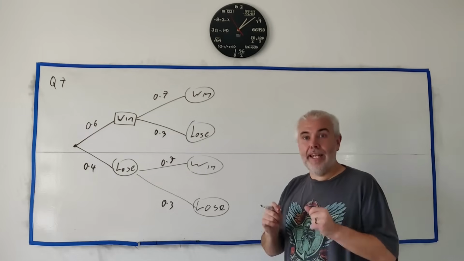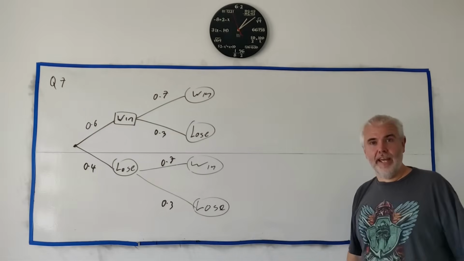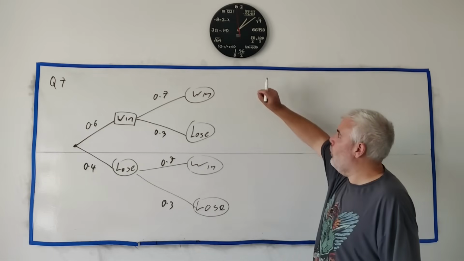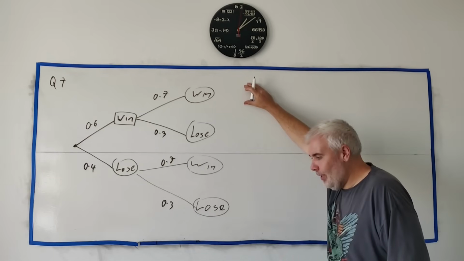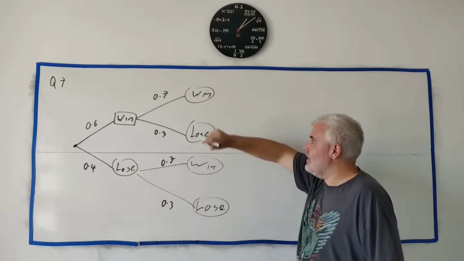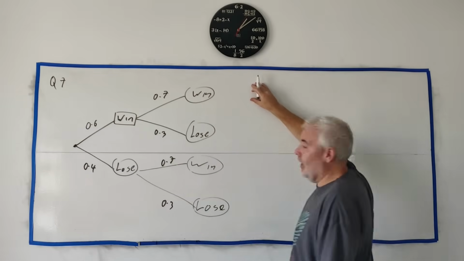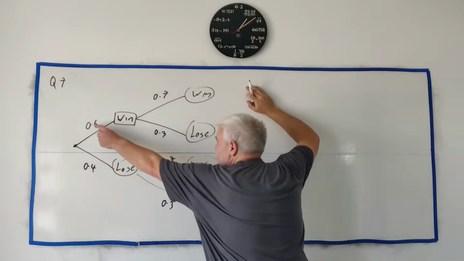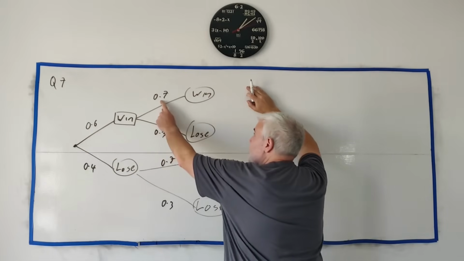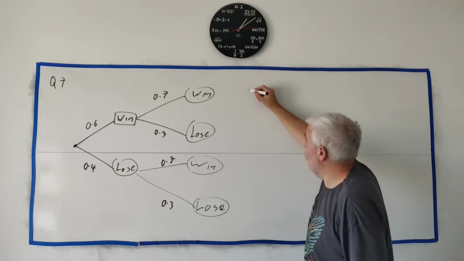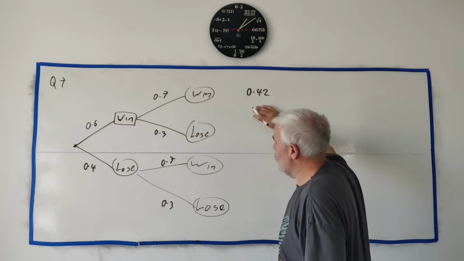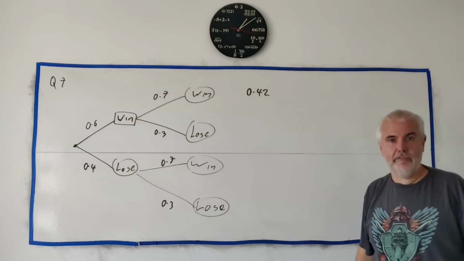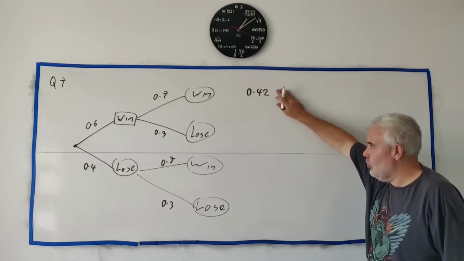Okay, the next thing to do is to put these numbers together. Down here we're going to write the probability of both of these things happening. Win-win happening. The probability of win-win happening is 0.6 multiplied by 0.7. And they've done it for us here, 0.42. Put in a calculator, 0.7 multiplied by 0.6 does get that.